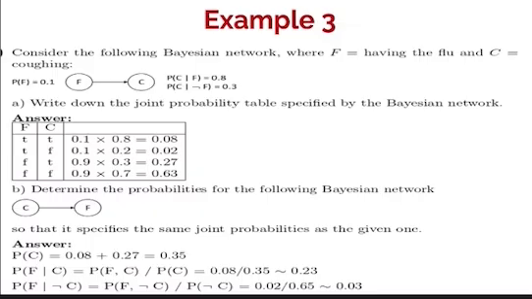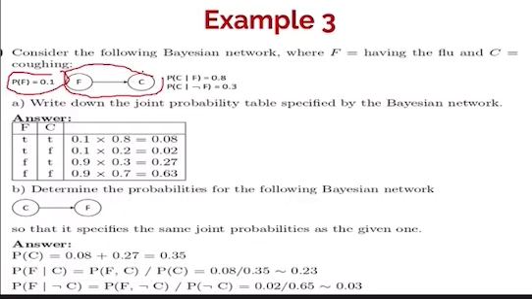For instance, take a look at example 3. Consider the following Bayesian network where F is having flu and C is coughing. Of course, when somebody has flu, that person is likely going to cough, right? Now, they give you the probability of having flu is 0.1.